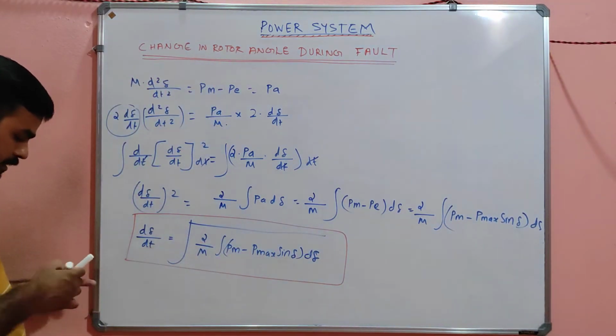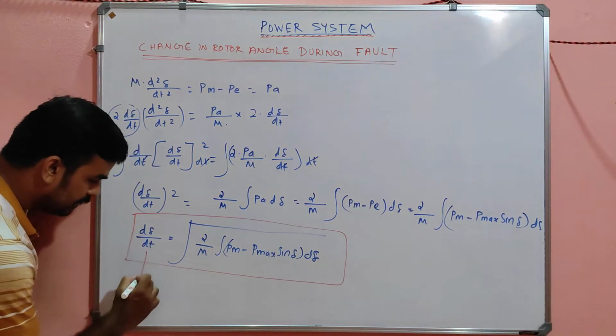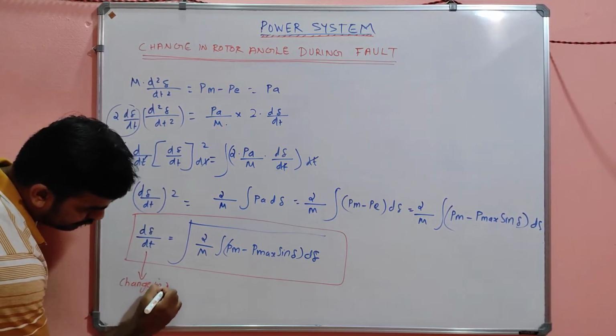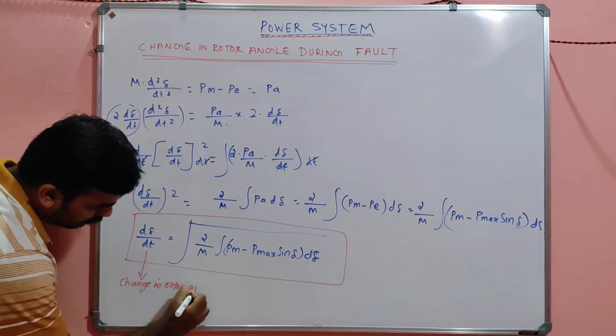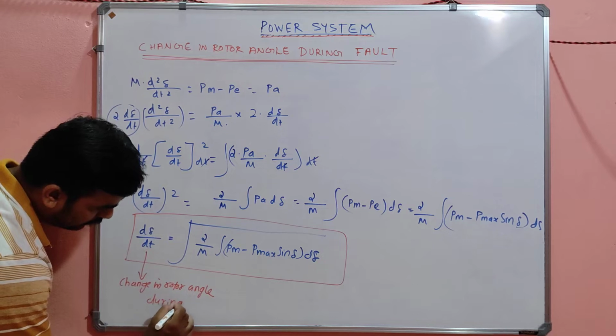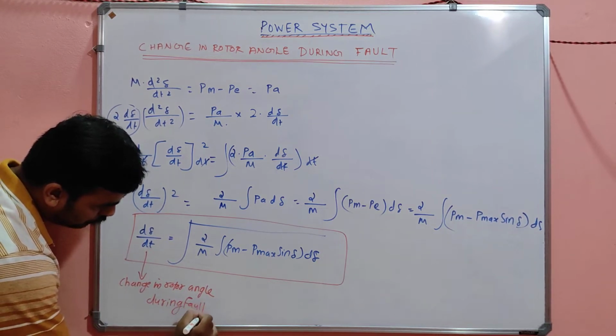So this d del by dt is nothing but the changing rotor angle during fault.